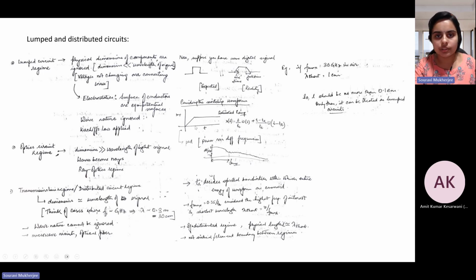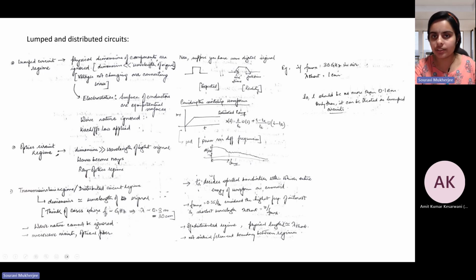Okay, so now if you look from the signal point of view, if you have some sinusoidal signal, then depending on the frequency that the signal has, it shows whether you are in the transmission regime or lumped circuit regime or optic circuit regime somewhere, right?